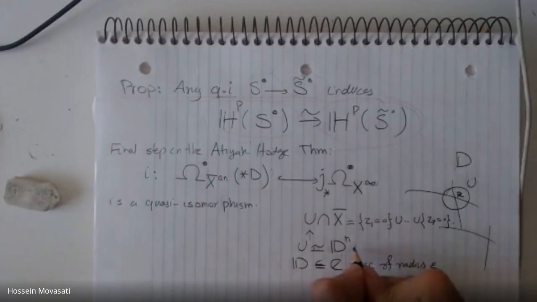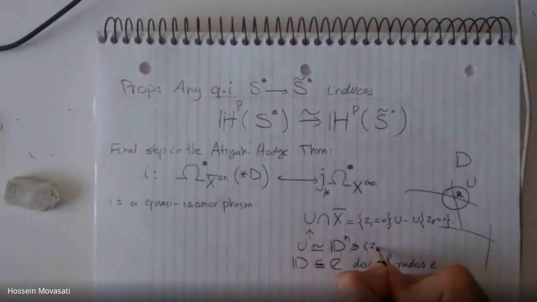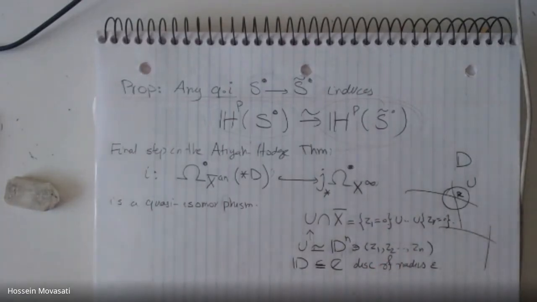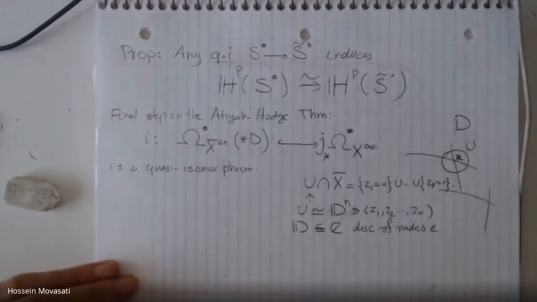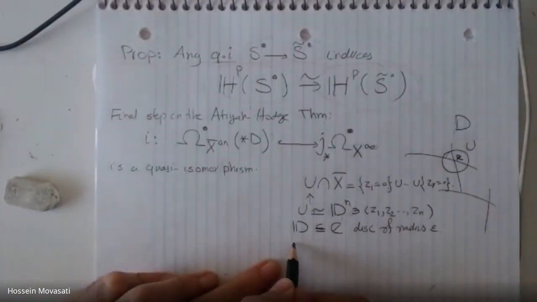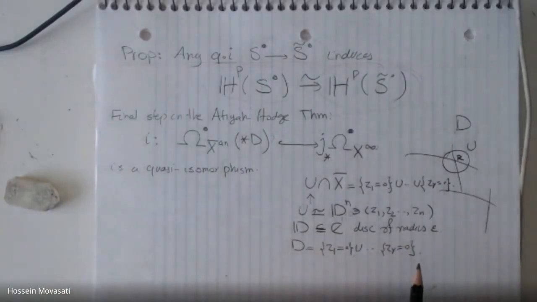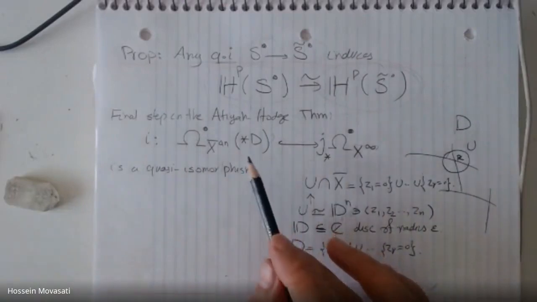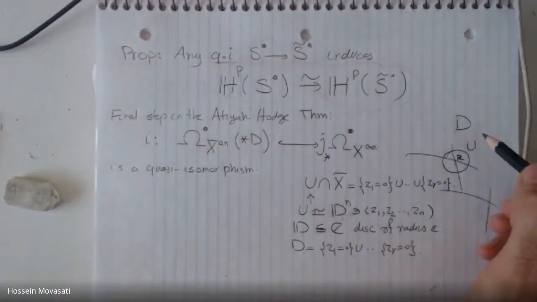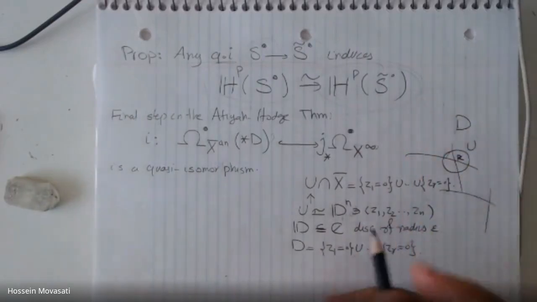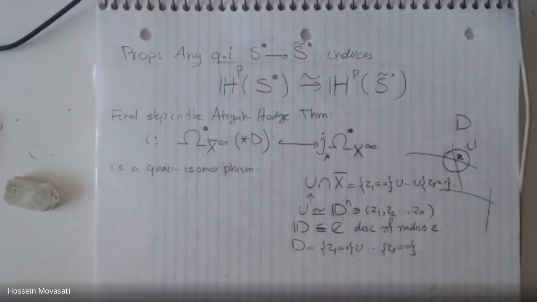And at the end of the day, I have these coordinates here, Z1, Z2, Zn. And then what is my D? This D will be just the union of Z1 equal to 0, ZR equal to 0. Anyway, since the quasi-isomorphism is a local property, I just forget this global context of X bar, and then I just focus on this small neighborhood, which is a disk.